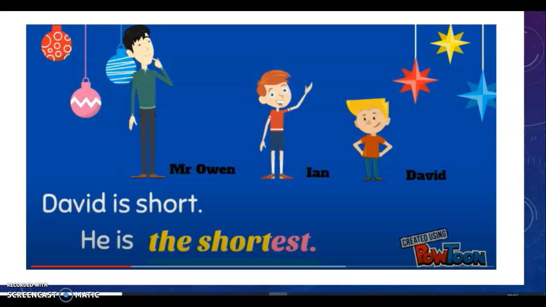Here we have an example. We have three people, Mr. Owen, Ian, and David. David is short. He is the shortest. We can't use a comparative adjective here because we have to make a comparison with three people.